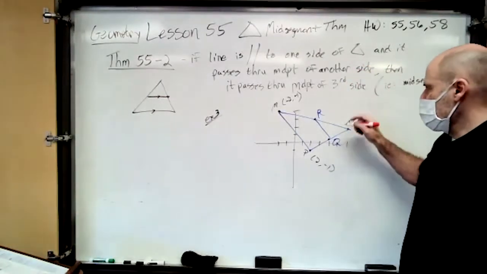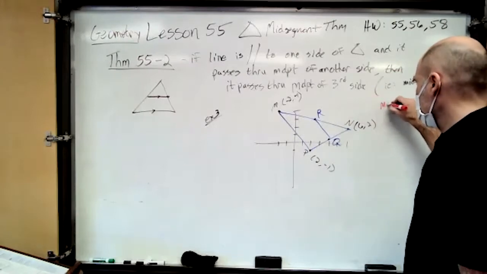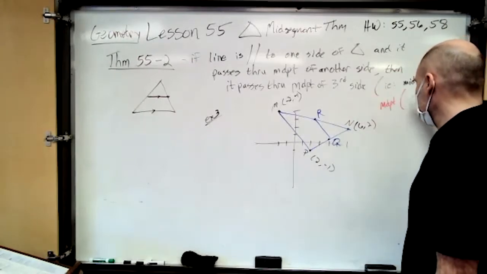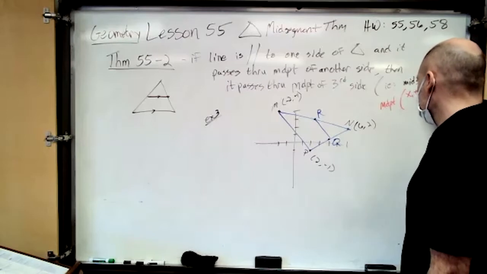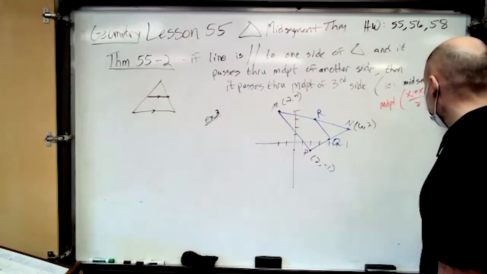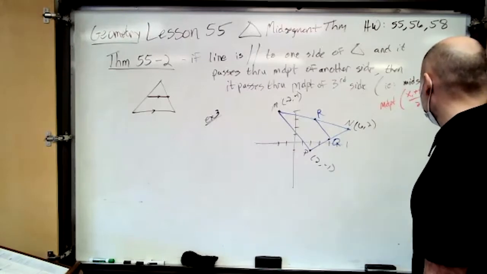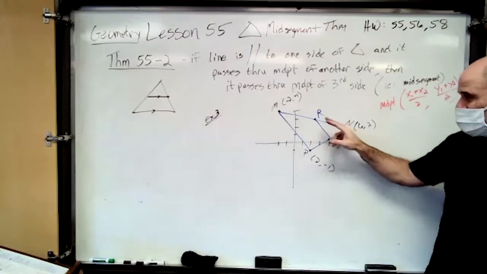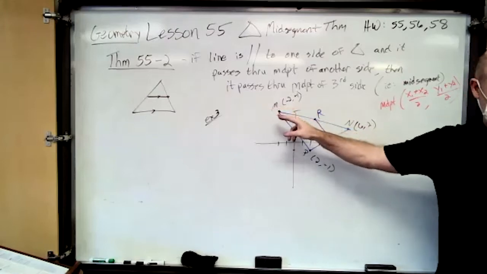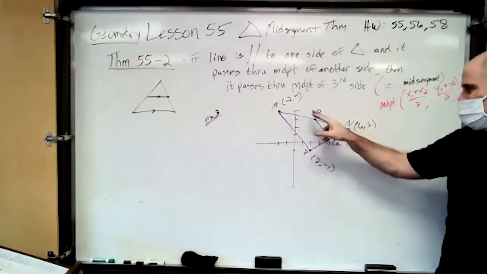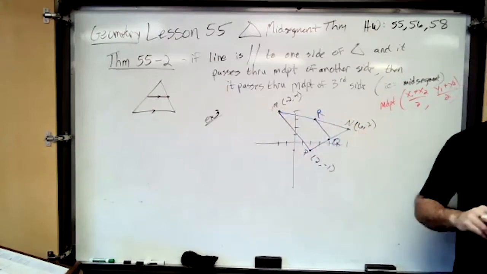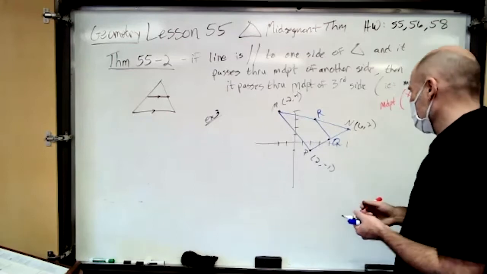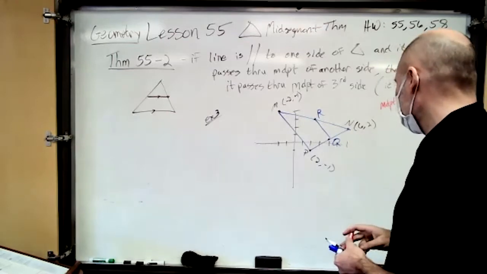Okay, so the midpoint is this. The average of the x's, x1 plus x2 divided by 2, and then the average of the y's, right? So I want to find the midpoint of this line segment here. So let's see, it's -2 plus 6, which is 4 divided by 2, which is 2. No, what am I doing wrong?